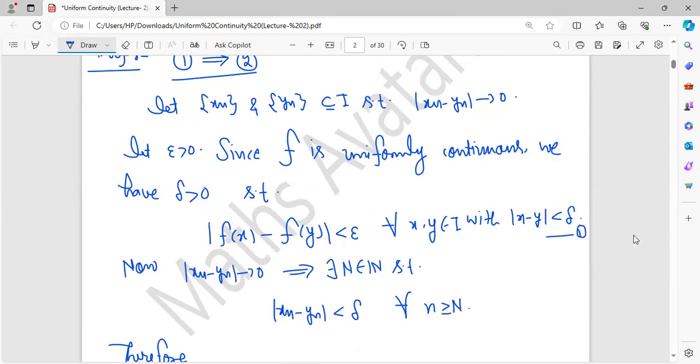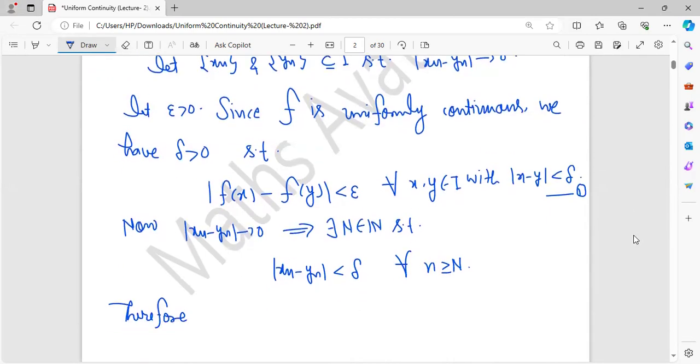You see that the xn, yn difference is less than delta, so by the uniform continuity definition, their image difference will be less than epsilon.